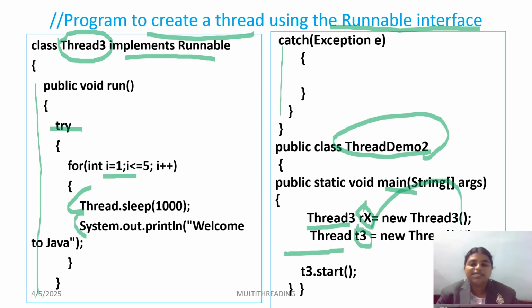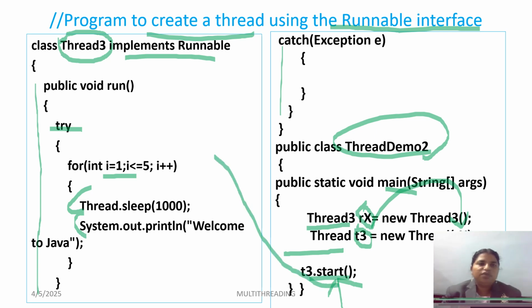So T3 is assigned to Rx. And finally, when we say T3.start, the thread is created. So at this instance, when we say T3.start, the thread is created. It begins its life cycle. Then it moves to the running state.